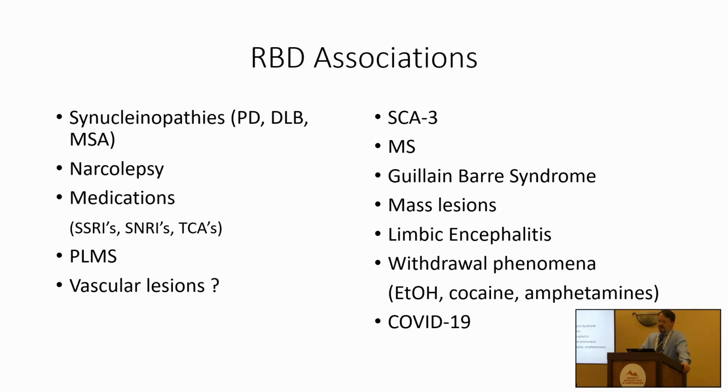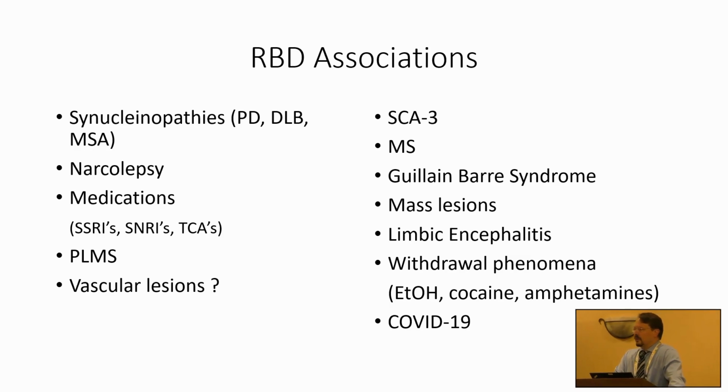But other vascular lesions, various lesional pathology, it doesn't have to be just vascular, can lead to REM sleep behavior disorder as part of a release phenomenon from the brainstem.